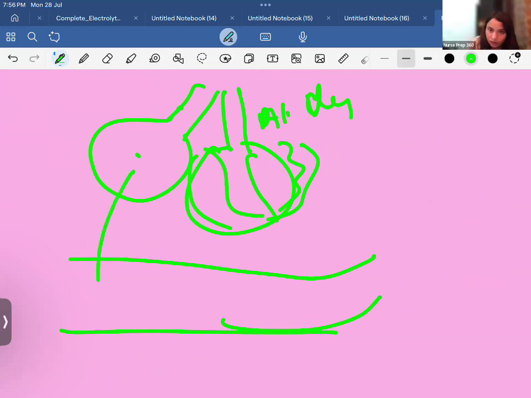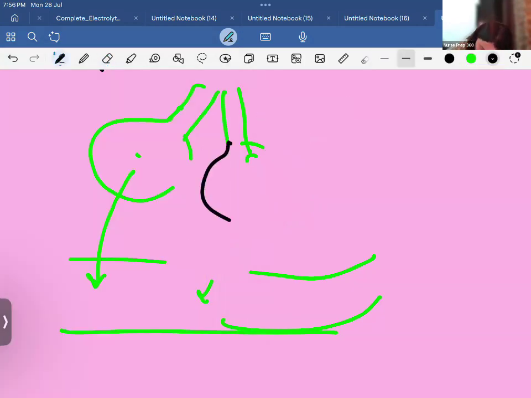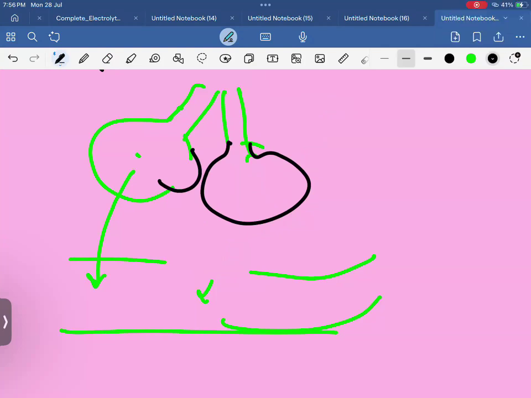Does anyone know about the hemoglobin association dissociation curve? Has anyone heard of this? Just say no if you don't know, yes if you know. Farhad, do you know?